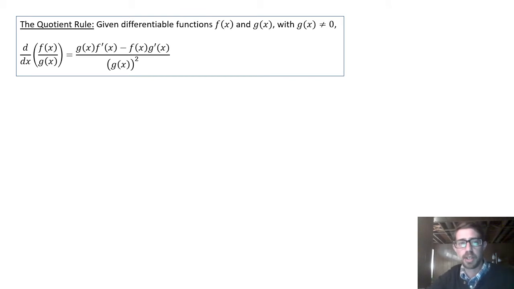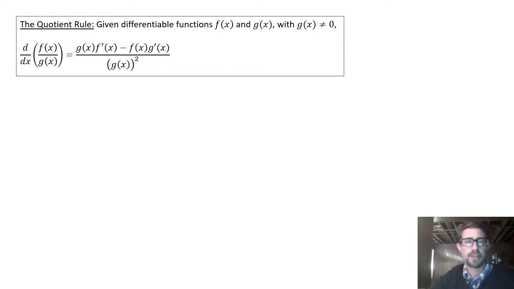Okay, so this one's a little nastier and a little harder to remember, but we do need it. So here it is. That's the quotient rule. Given two differentiable functions, f of x and g of x. G of x cannot be 0. If it does, this formula does not apply. The derivative of f of x over g of x is this thing.